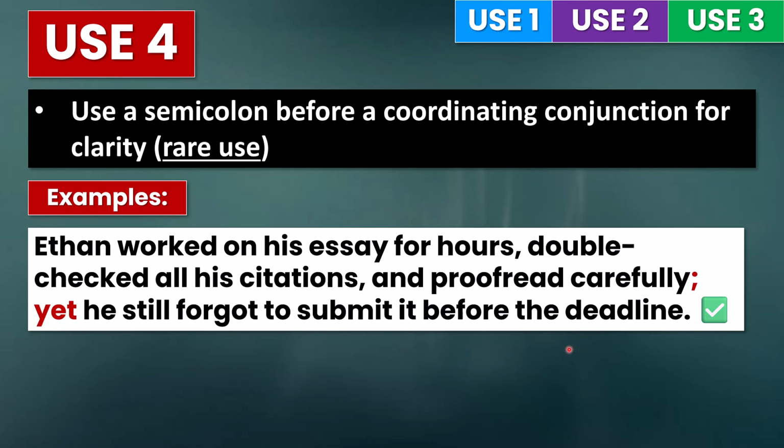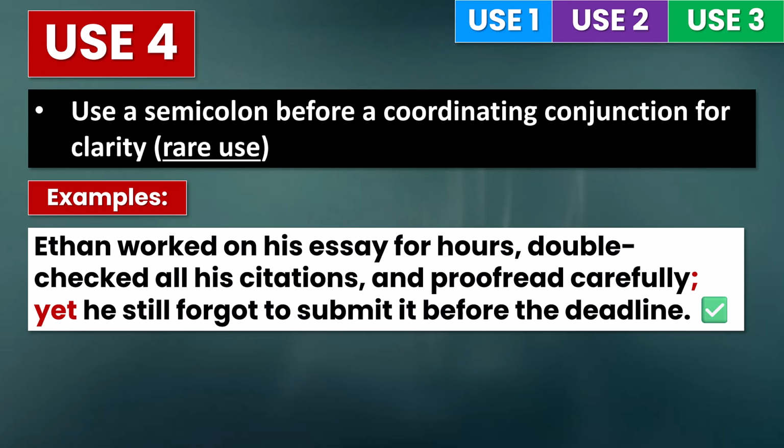And the second part is also an independent clause after another coordinating conjunction. Because the first clause already contains internal commas, a semicolon is used before yet to avoid confusion and to clearly separate the 2 independent clauses. By using the semicolon, we're making this sentence clearer to read and to understand.